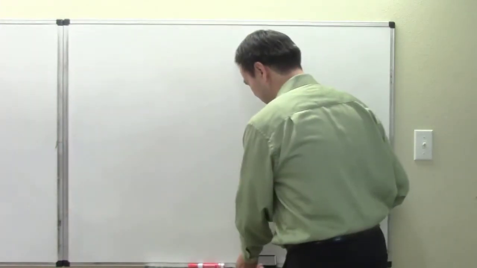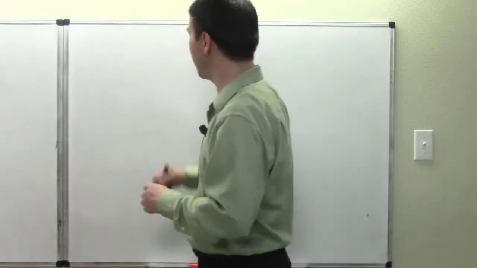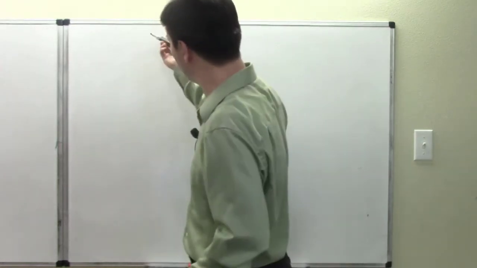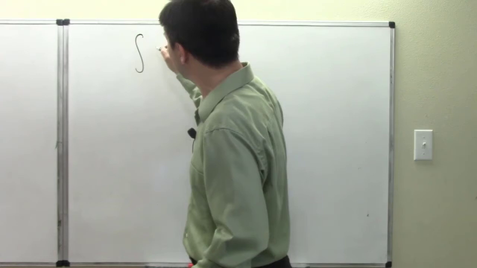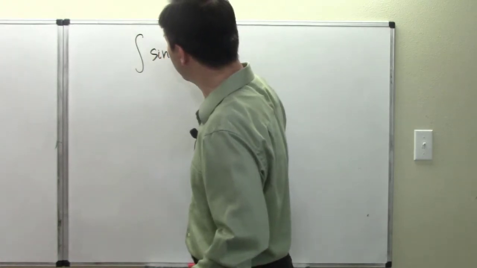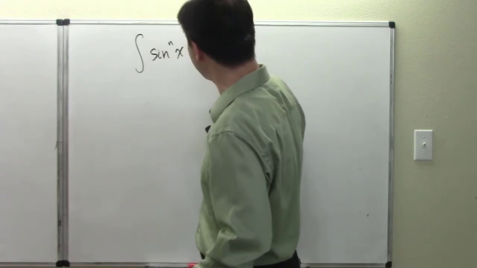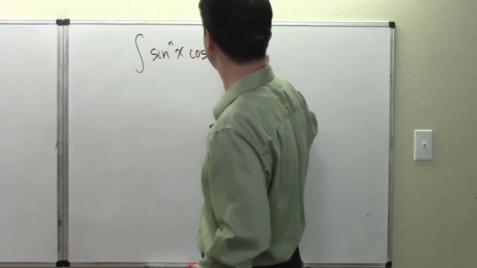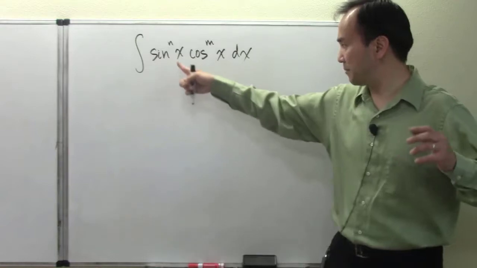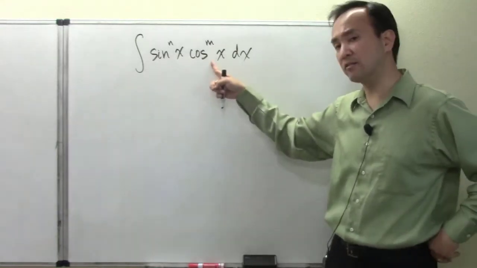All right, and so let's now look at how we can handle the trig integrals in the family where it's a power of sine in product with another power of cosine. Okay, so a power of sine multiplied with a power of cosine.